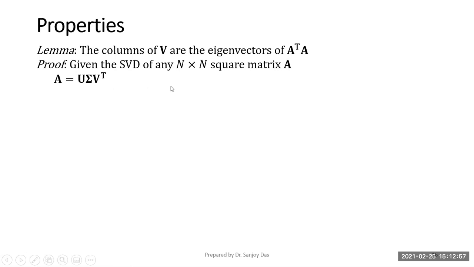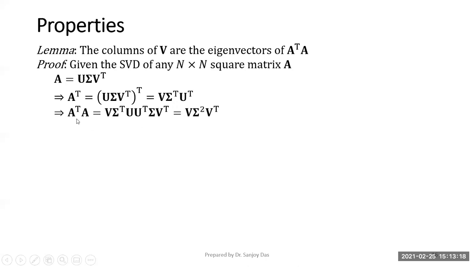So A equals U sigma V transpose. What is A transpose? It equals the transpose of this, where I reverse the order of these factors: V transpose transpose, which is V, then sigma transpose, then U transpose. And what is A transpose A?